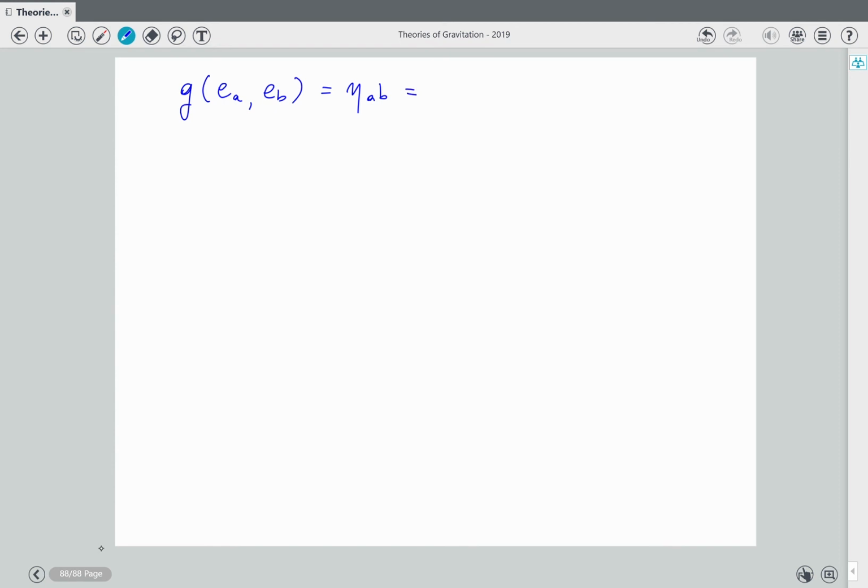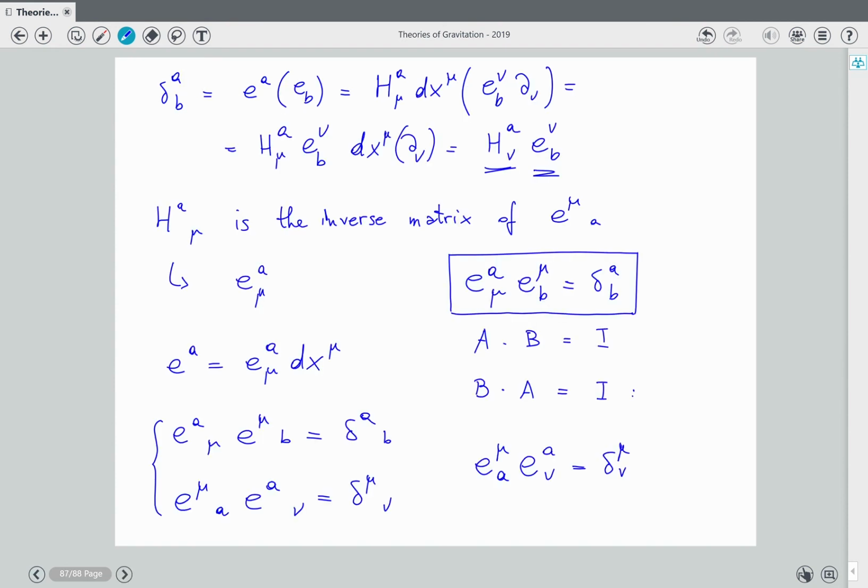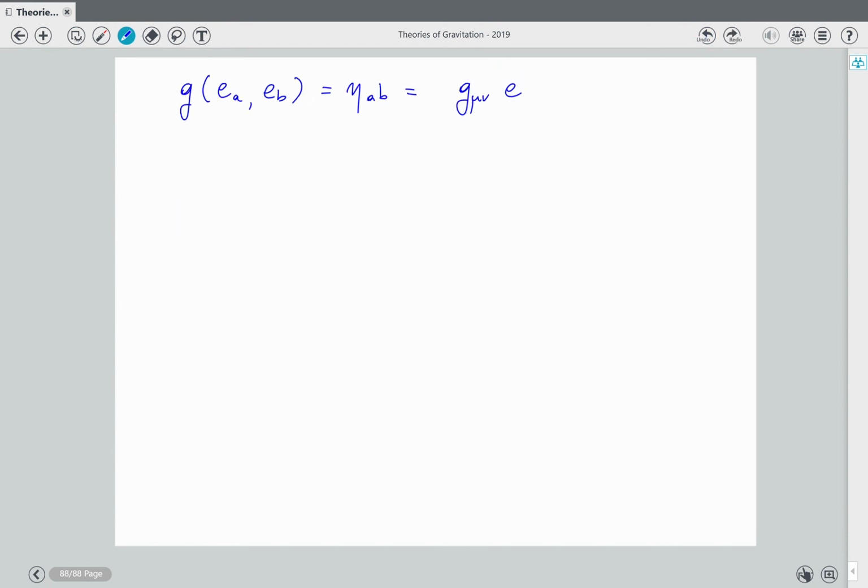But what is G EA EB? This is the metric contracted with the vectors. And the vectors EA EB have these components with spacetime indices on top.